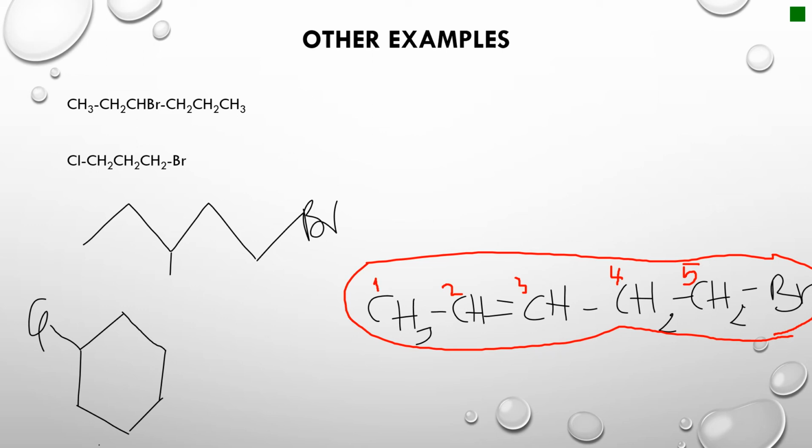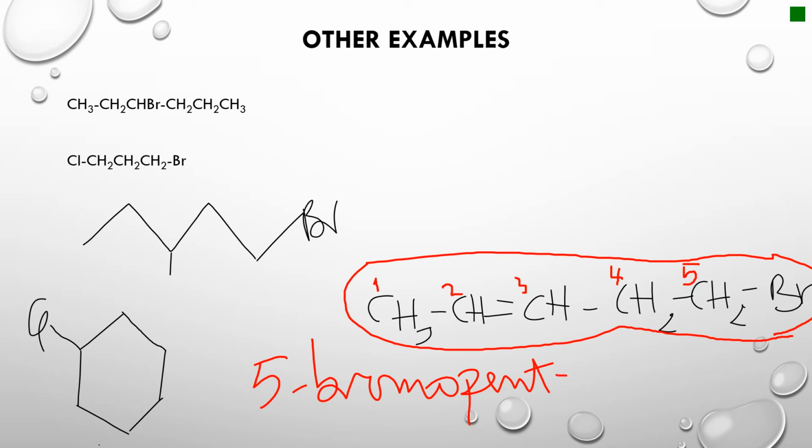We first write the position of halogen, so it will be 5-bromo, and then 1, 2, 3, 4, 5, pent. This time, we are not going to write "an" because it's not single bonds only, we have a double bond.